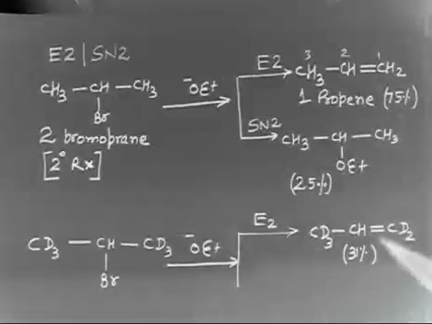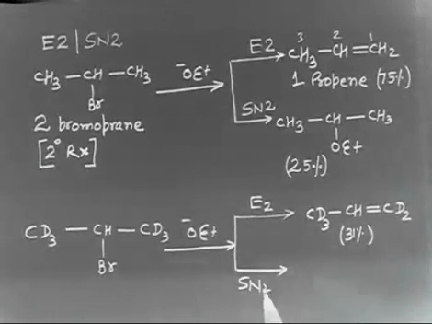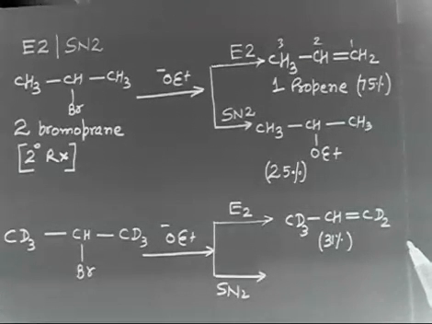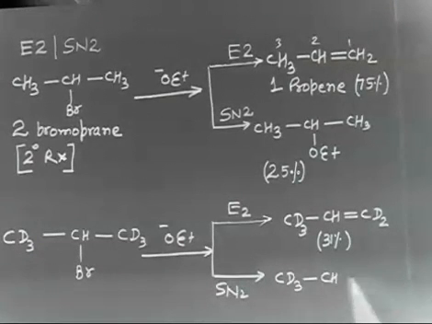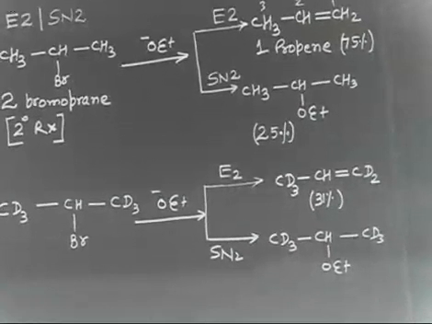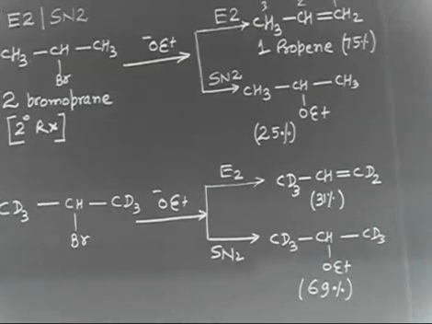Initially this was 75%, now it is 31%. Now substitution has to increase, because if one reduces then the other has to increase. The total has to be 100%. So the other product is CD3 CH CD3 with OEt, and the question says this is 69%. So the substitution product is 69%.